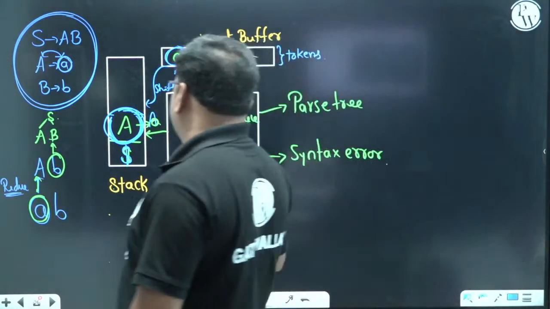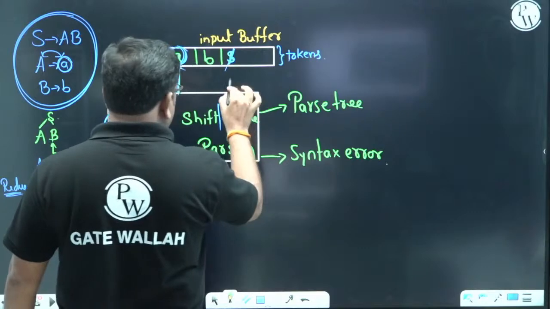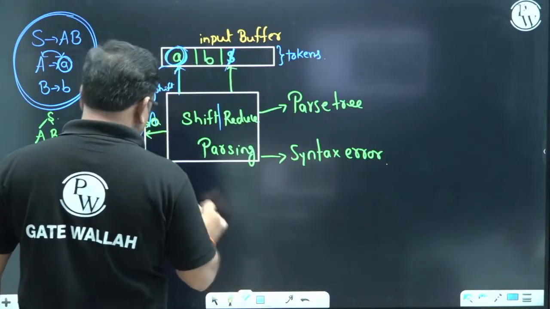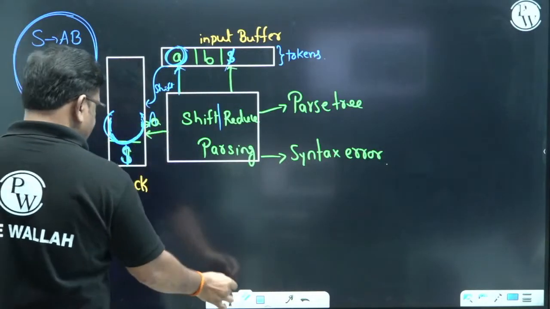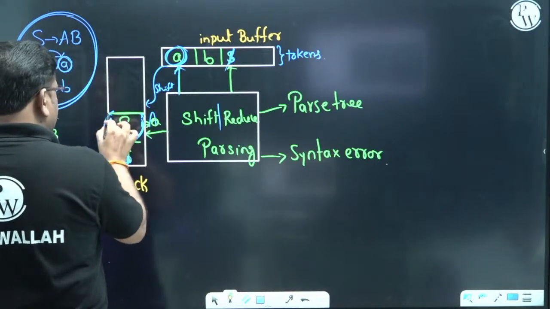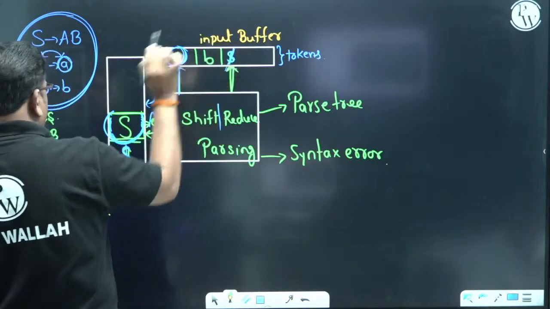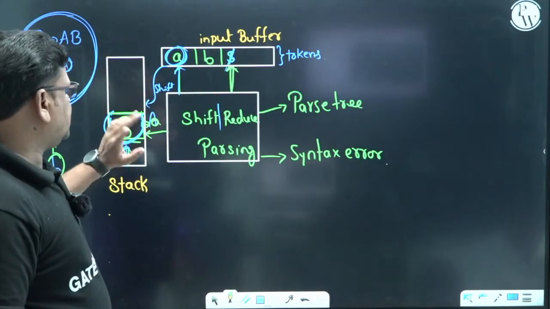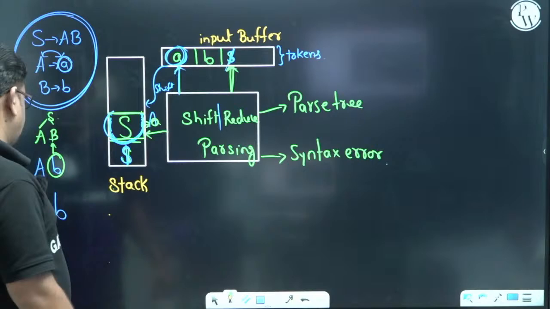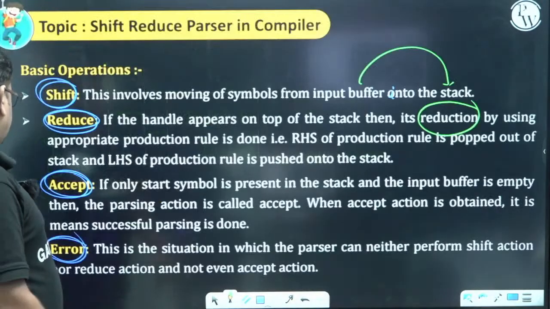And in this process, if the input is ended and the stack contains the starting symbol, the input points to dollar and the stack contains the starting symbol, we will call that the accept action.